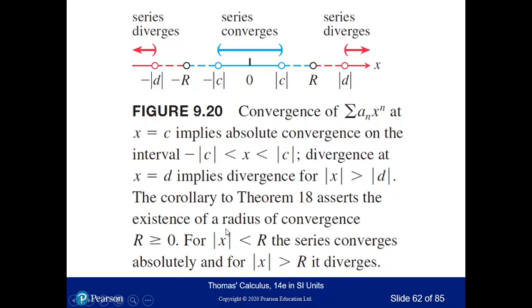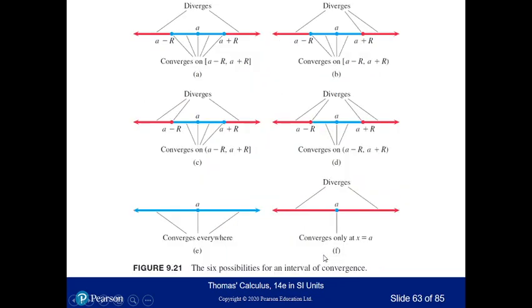It's called the radius of convergence. Once we find the radius of convergence, the power series is going to converge absolutely in this interval, and it's going to diverge outside of this interval.